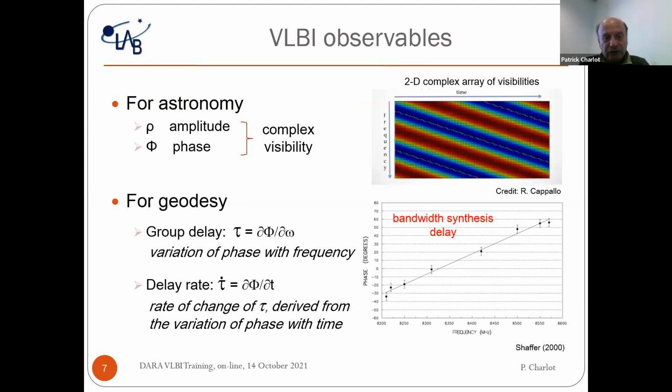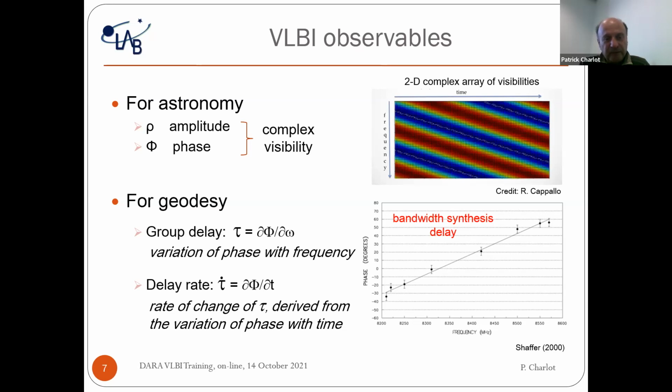This comes from the interferometer, so this is the interferometric amplitude and the interferometric phase. And using these quantities, you can reconstruct images of the sources with a very high resolution because you have intercontinental baselines. But I will not go into details about this.